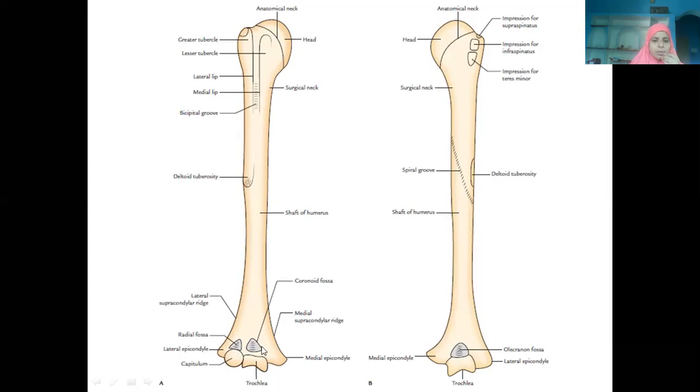When you look at the lower end, you will have two bony elevations. One is a pulley shaped structure called trochlea, which is medial, and there is one cap like structure called capitulum. With the help of these two structures, you can assign the bone to its side, whether it belongs to the right or left side.